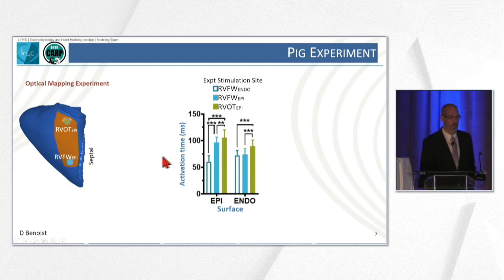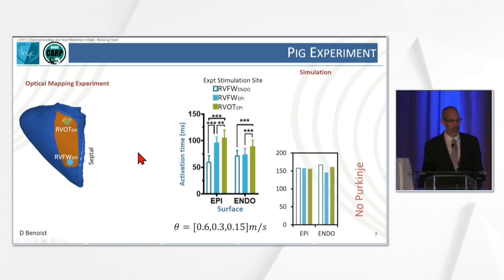So when I first took a stab at modeling this, I didn't put in a Purkinje system, I just put in a slab, and I got a result that was both too long and did not vary upon where I stimulated it. And the heart has 3 directions.